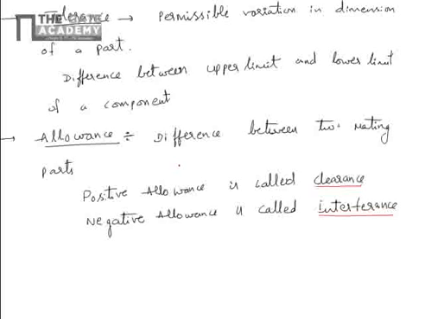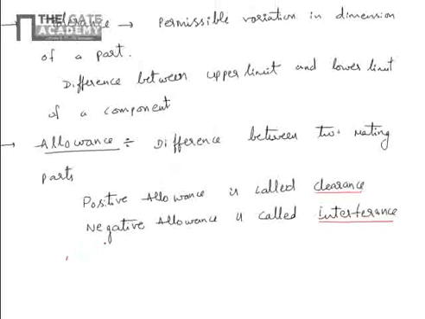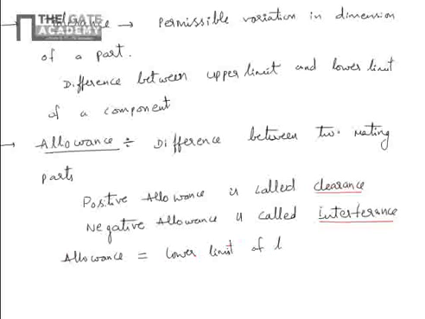So how to calculate it? Allowance equals lower limit of hole minus higher limit of shaft, if it is positive allowance.